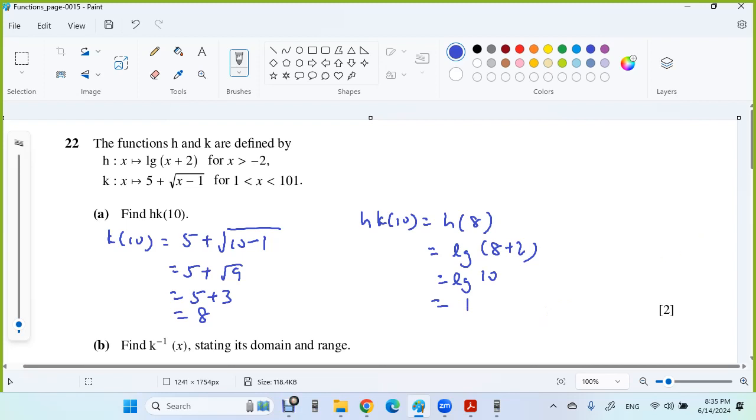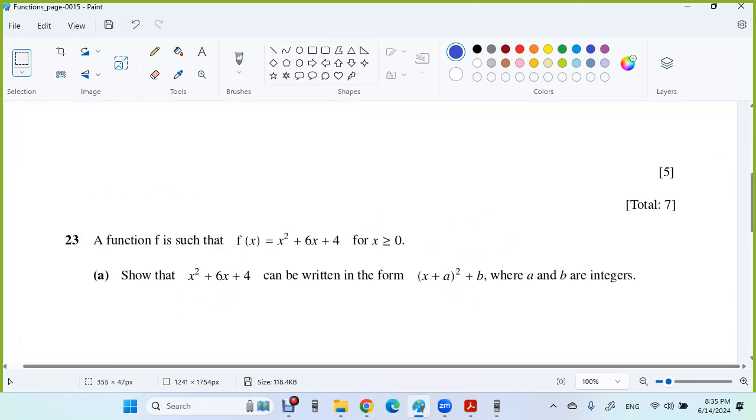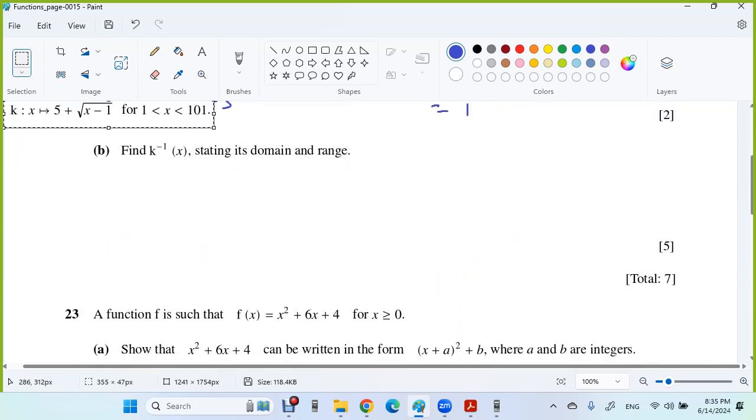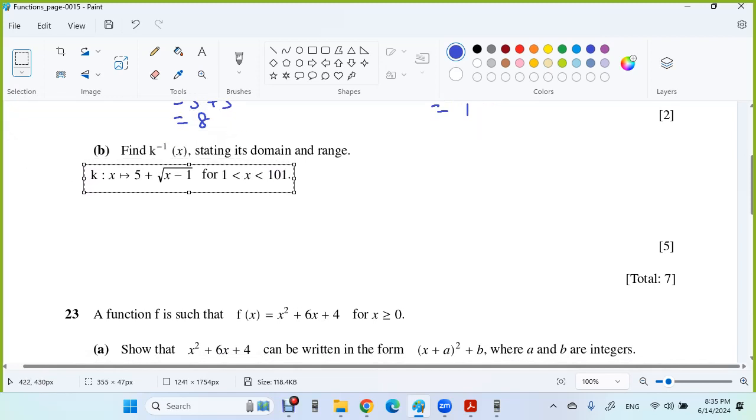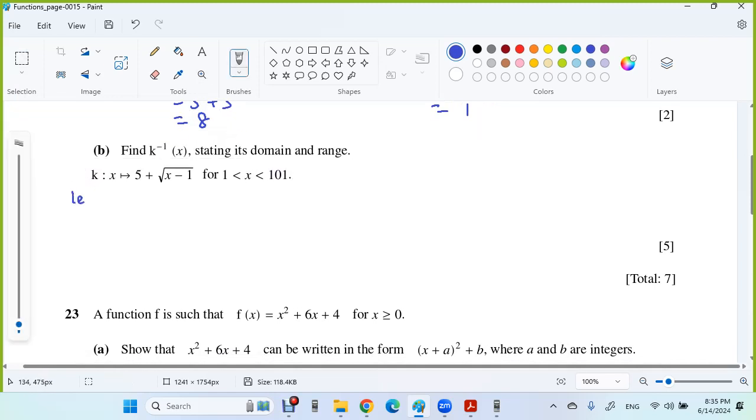Next, find the k inverse and state its domain and range. So we need to find the k inverse. Let k(y) equal to x, then k inverse of x equal to y.